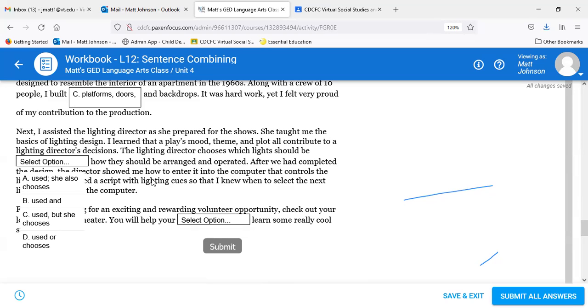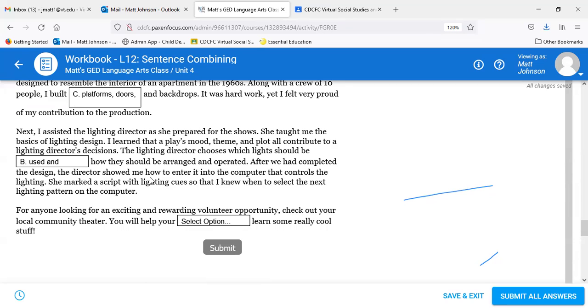Tracy. Yes, should be A, used. Should be B, and so the lighting director chooses which lights should be used and how they should be arranged and operated.